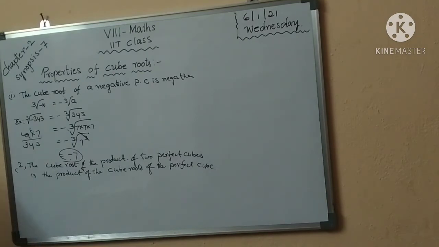Did you understand, children? The cube root of the product, the multiplication of two perfect cubes, is the product of the cube roots of the perfect cubes.